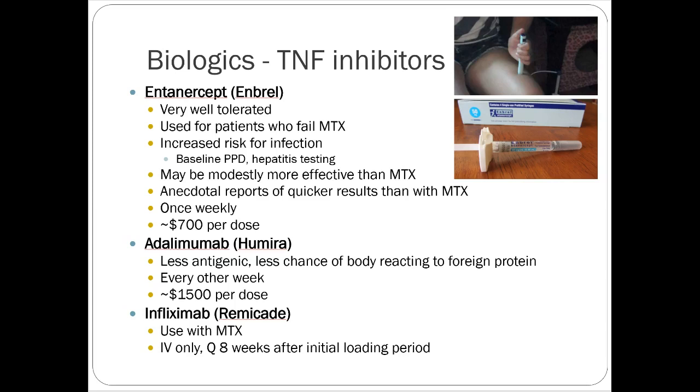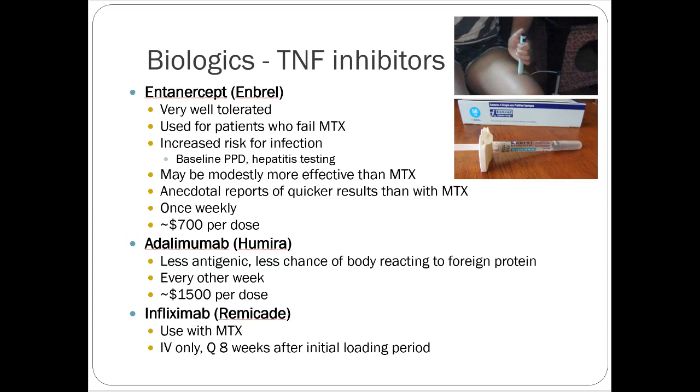You don't think about it as immune suppression like from a transplant medicine point of view. But what you're going to get is maybe baseline underlying infections that you might have. So that's why you always have to do PPD tests to make sure you don't have tuberculosis or latent hepatitis, things like that, that might emerge if you do give somebody one of these drugs. Otherwise, people generally don't have much of a side effect with them.